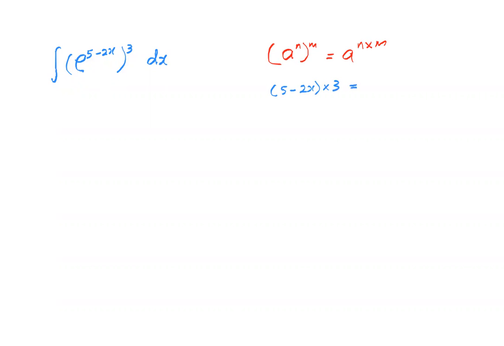I do it at the side: 3 times 5 is 15, minus 6x. So I write it down here: e to the power of 15 minus 6x dx. Now is it linear? Yes. So now you copy down the whole thing, divide by the coefficient of x, then plus c. Done.